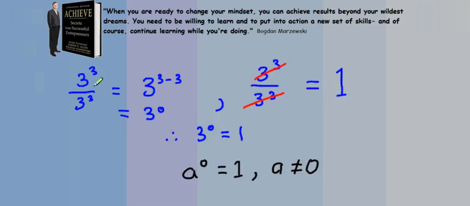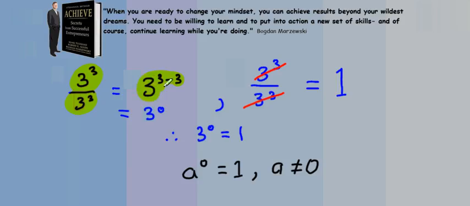And now, a case where you have identical values in this rational expression, 3 cubed divided by 3 cubed. Intuitively, you know that this is the same quantity divided by itself. The result should be 1.